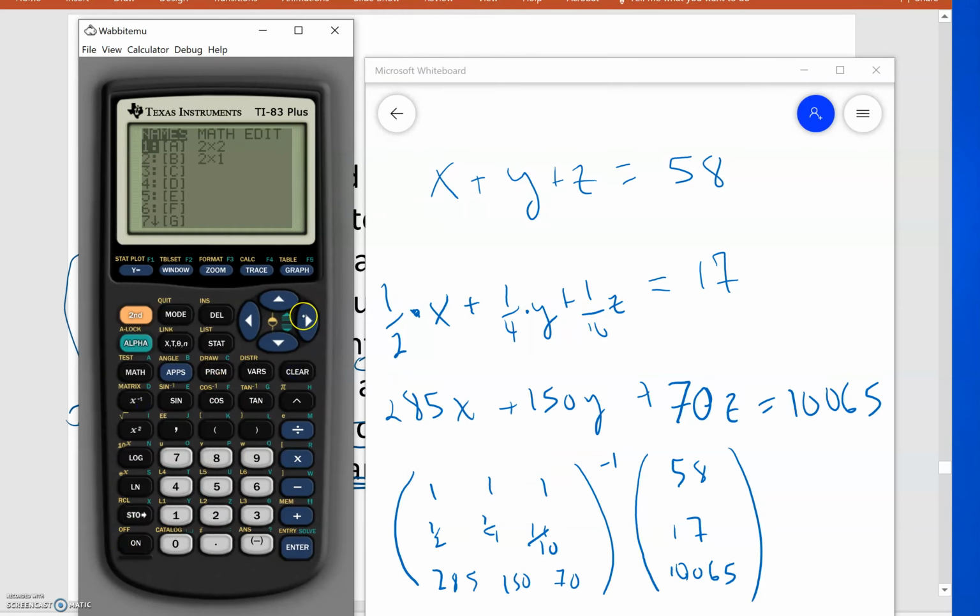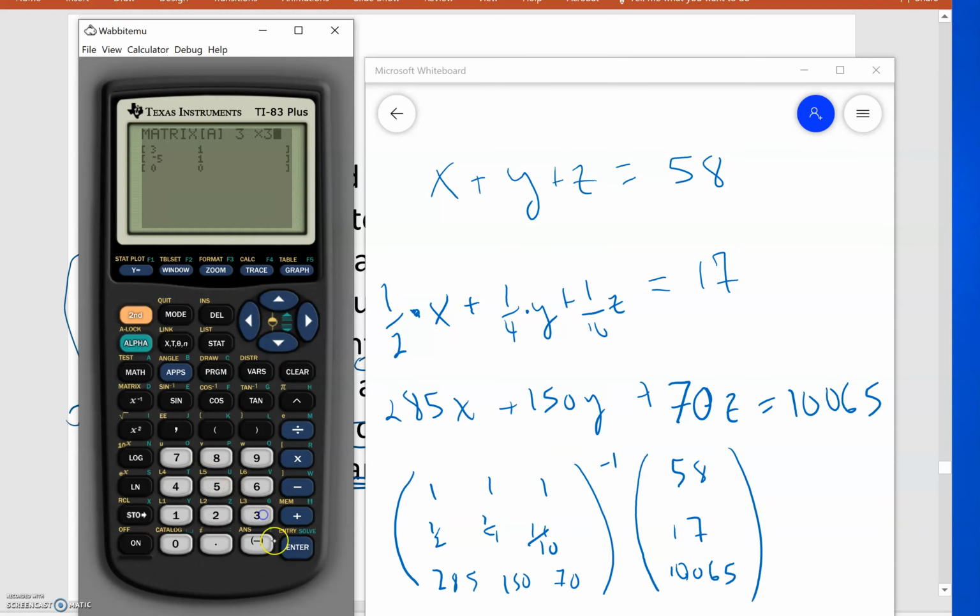And I'm going to have to change the size of my matrices. By the way, I always use A and B, but if you need to save one, you can go down and use matrix C or whatever.